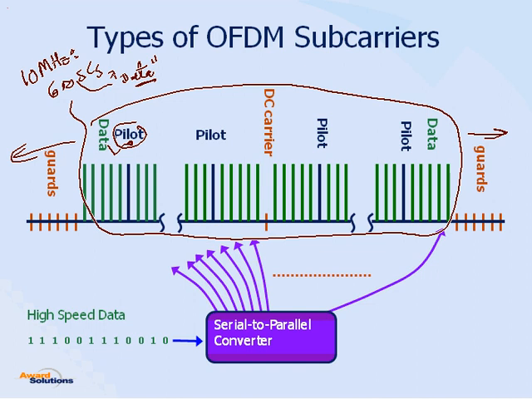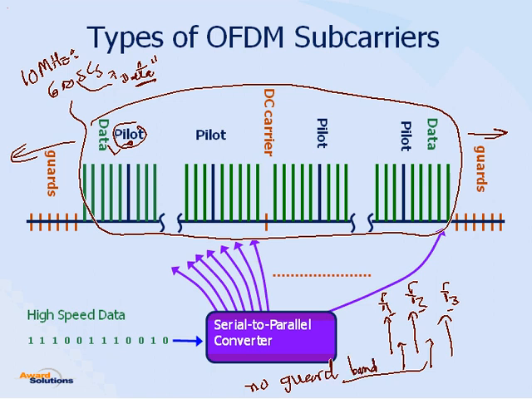If I have one subcarrier F1, the very next neighbor F2, another neighbor F3, they are neighbors, right? Between two subcarriers, no guard band. That is the benefit of OFDM, that you do not need a guard band between two adjacent subcarriers. Always remember, no guard band between two adjacent subcarriers because they are all orthogonal.